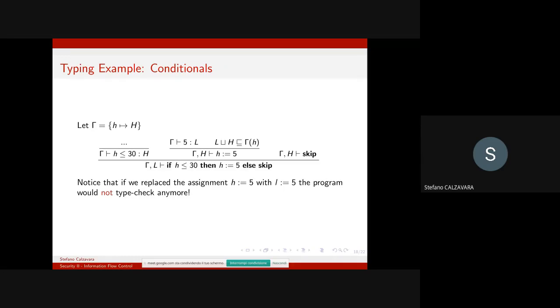Another example, conditionals. Let's consider this example. Again, as usual, don't look at anything in the slide, just look at the program. Is this program secure or not?